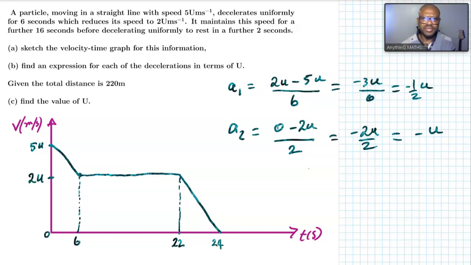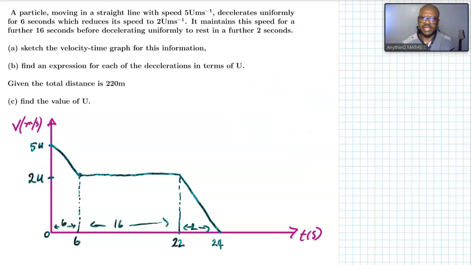The next question is to find the value of u, given the total distance is equal to 220 meters. So looking at the graph, we can see the best way to solve it is to divide it into portions.